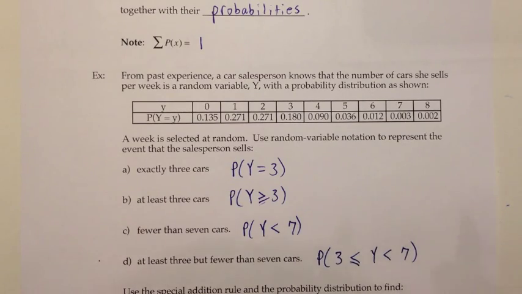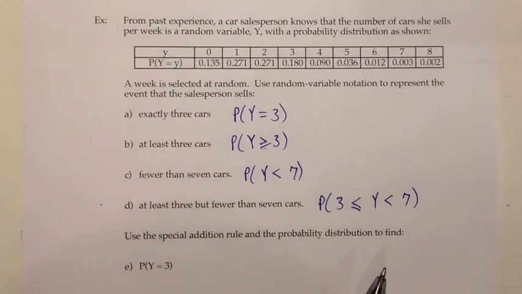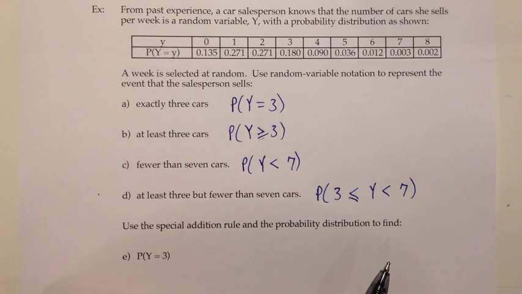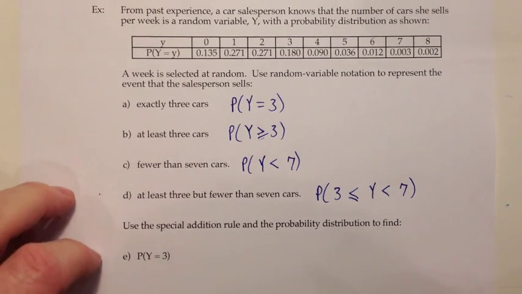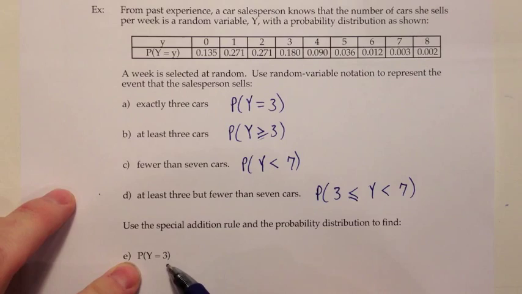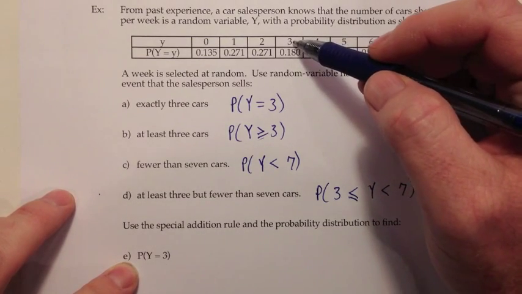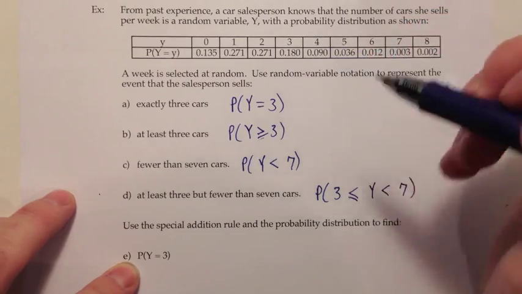And then let's look at some of the probability questions, starting with the first one, the probability that y equals 3. There's a temptation here possibly to start doing some calculations, doing some fractions, getting your calculator out. But remember, the job of a probability distribution is to give the probabilities for each of the different values of y to you. And up here we're told that the probability that y would be equal to 3 is 0.180.